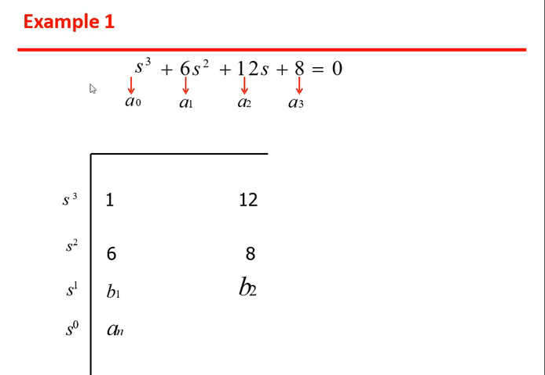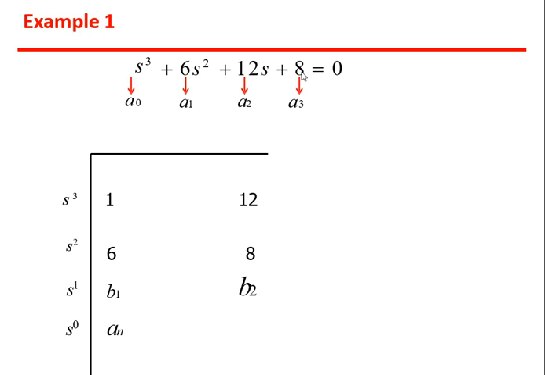So here the coefficient of s cubed is A0, and it is 1. The coefficient of s squared is 6. The coefficient of s is 12, that is A2, and the last coefficient is A3, which goes with s raised to 0.